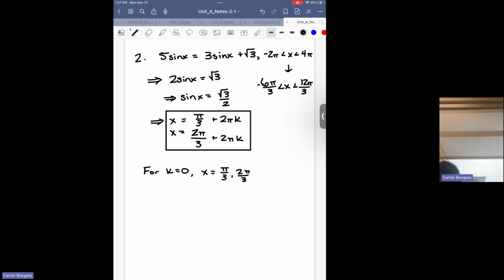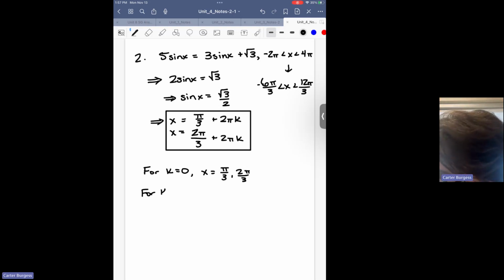I'll know instantly. I won't have to check. It'll be very easy. All right, so pi over 3, 2 pi over 3, are those between negative 6 pi over 3 and 12 pi over 3? Very clearly, right? 1 and 2 are between negative 6 and 12, so we're good to go. We want to include these solutions. So we'll just keep going.